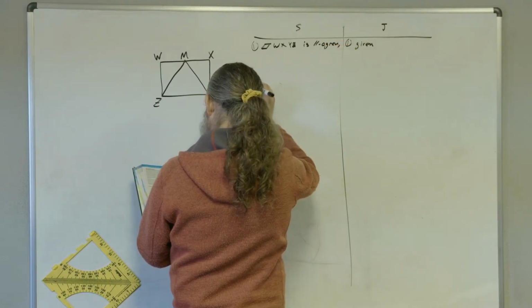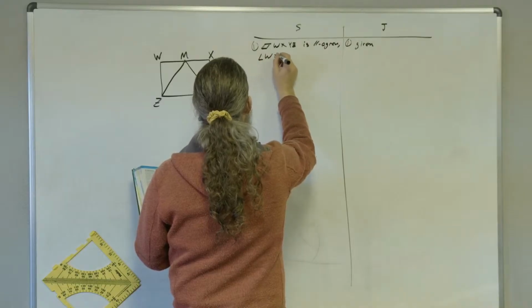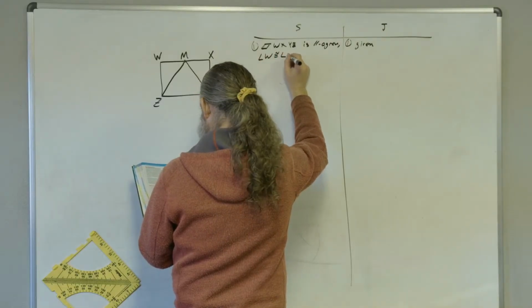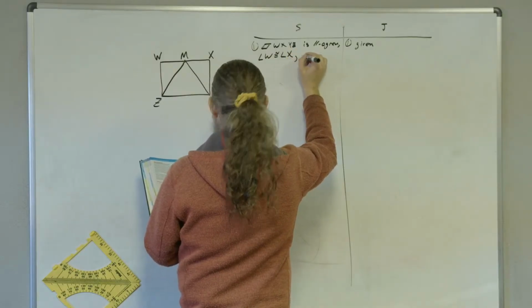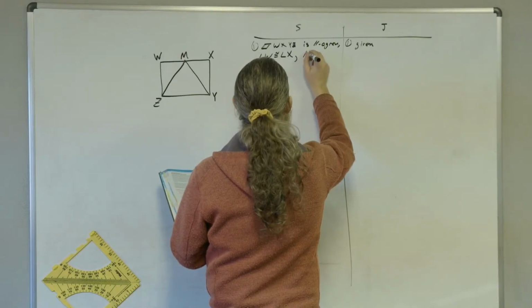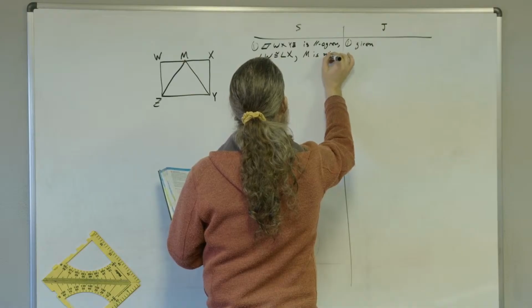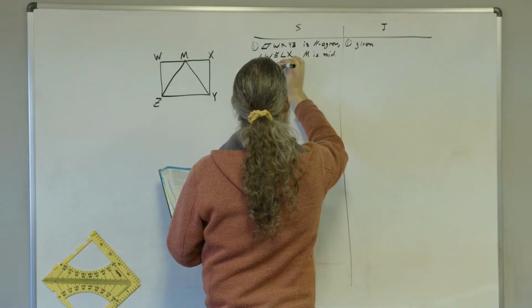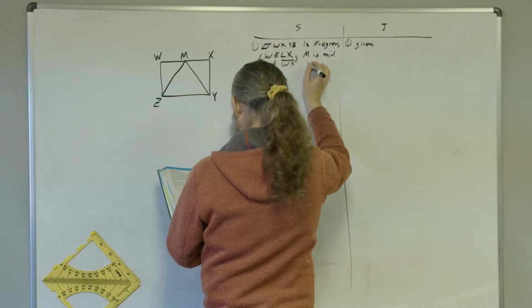We are given that angle W is congruent to angle X. We are given that M is the midpoint of WX.